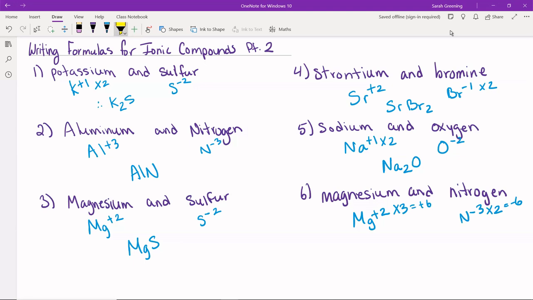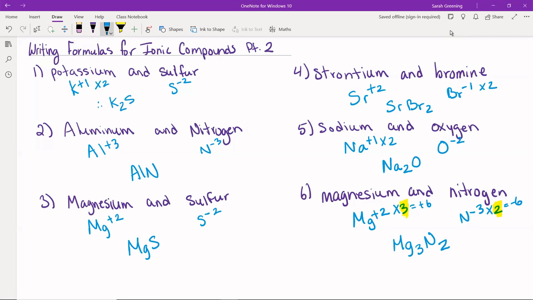So for this, we will need 3 magnesium atoms to balance with 2 nitrogen atoms. So our formula becomes Mg3N2.